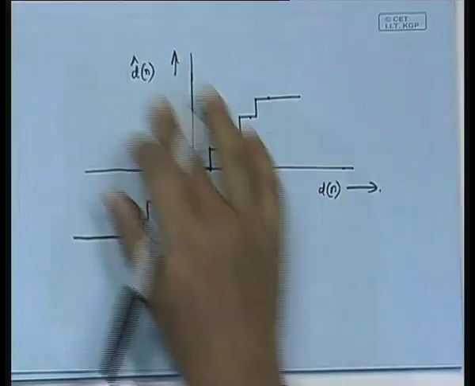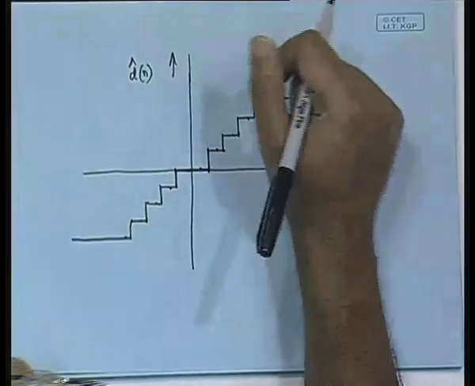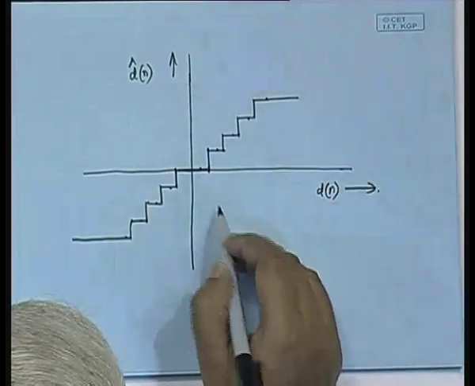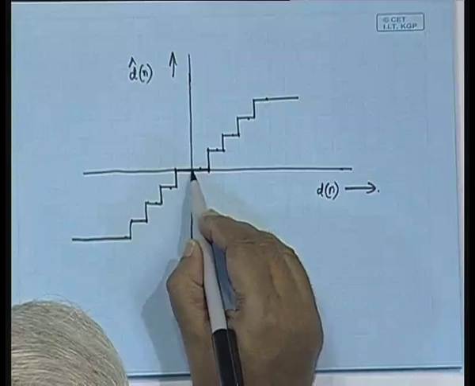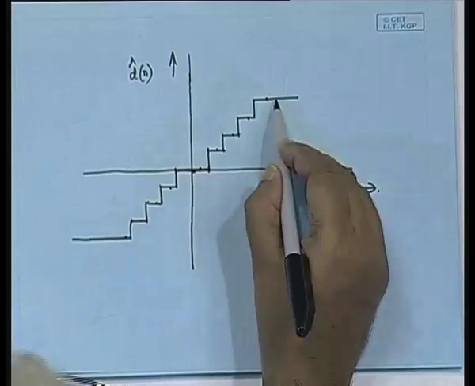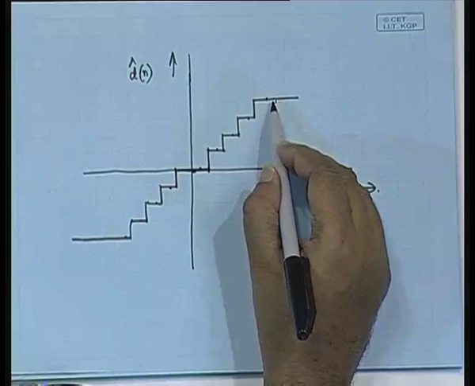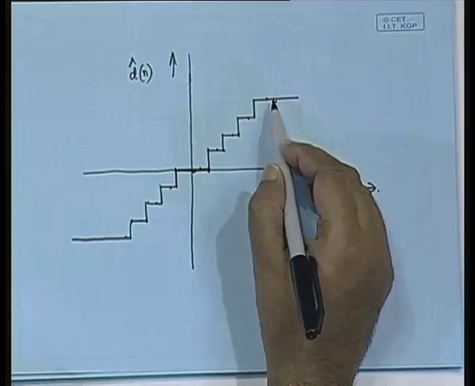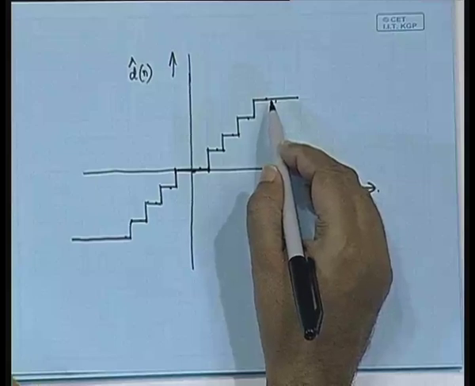Let us see, if we have a d cap n versus dn characteristic somewhat like this, and dn varies from this level to this level, a sudden or sharp change in the value of the analog waveform itself.